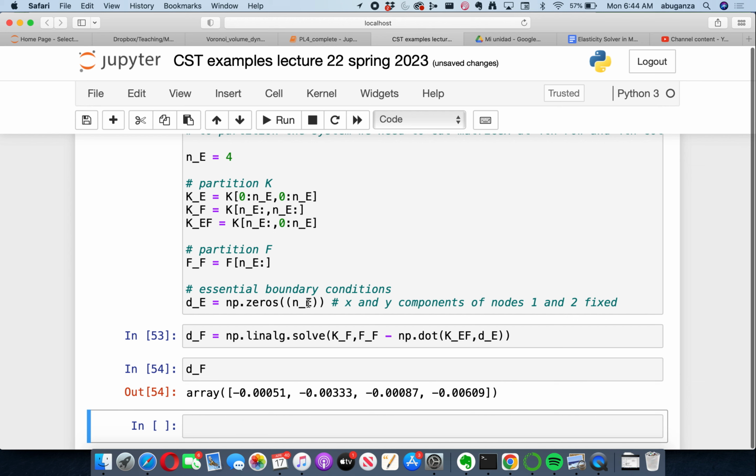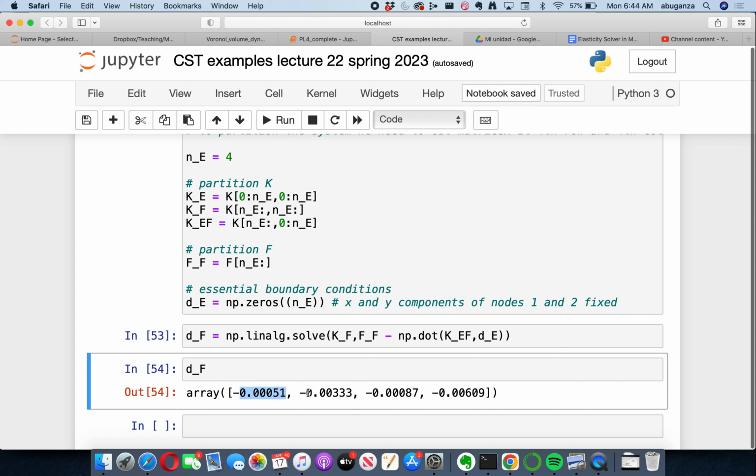It was solving multiple times for different values of dE. It should just be one vector, the solution. And then these are the x and the y displacements. So this is x displacement and y displacement, x displacement and y displacement of the free nodes.